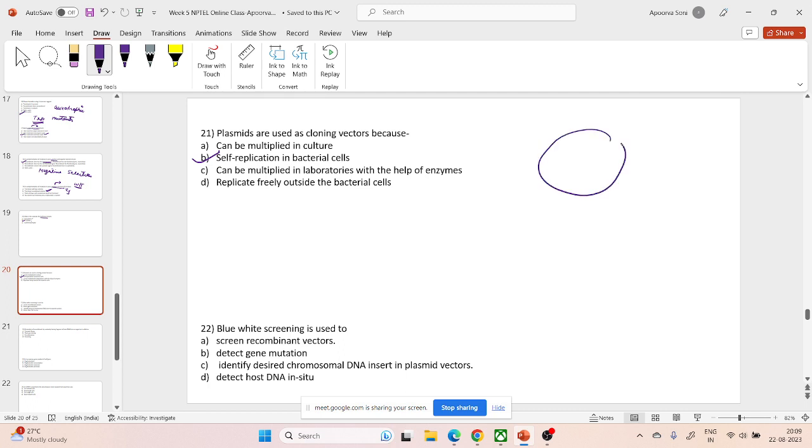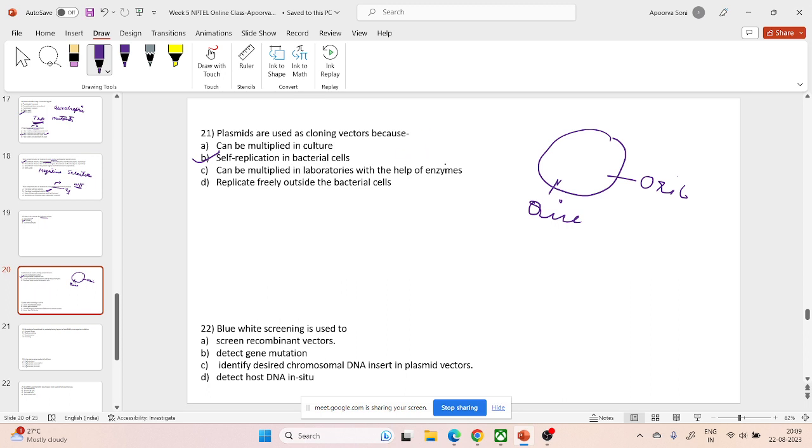So suppose if this is a plasmid and I want an origin of replication of strain X, origin of replication of a plant, of bacteria, of a mammalian. You can do both of them, and you can make shuttle vectors also. Depending upon the kind of origin of replication present, it will replicate in that host strain. But the basic concept remains the same, that plasmids can be used as cloning vectors because they have the ability of self-replication.